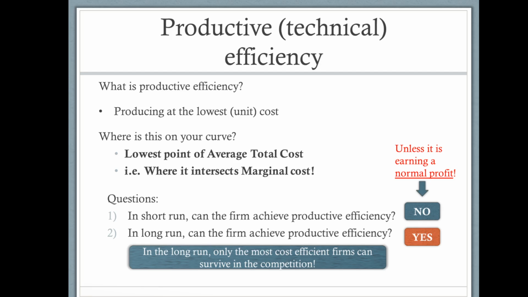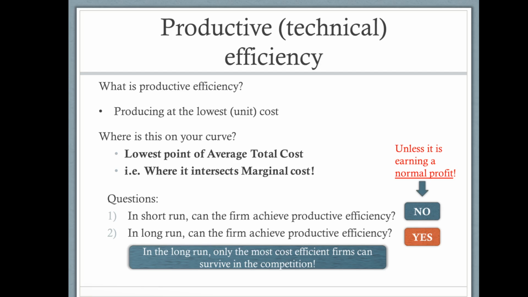So in the market, you will have some change in the market supply, because people will get into the market or leave the market depending on whether they see it is efficient or inefficient.